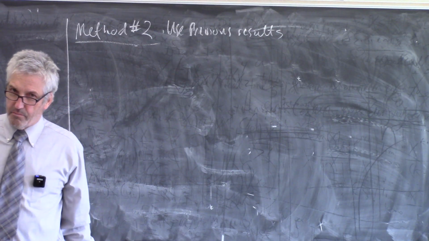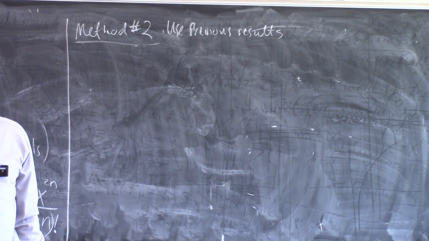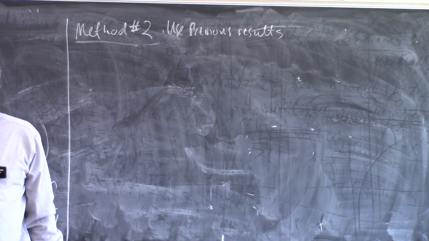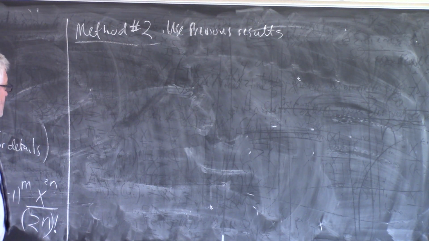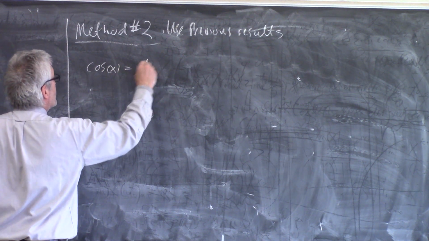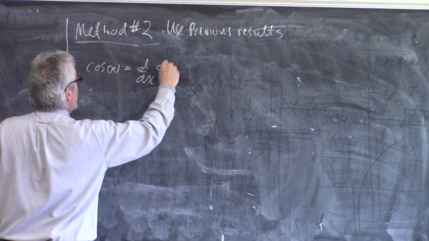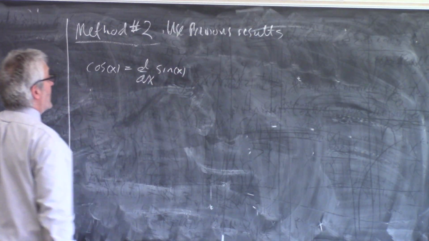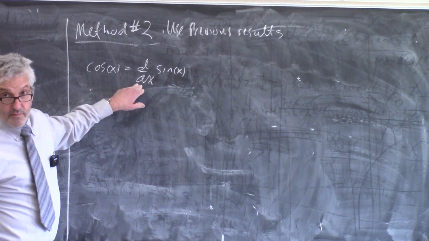Which previous result might be handy? Sine of x. Yeah. So we know that cos x is equal to the derivative of sine of x. Okay, now, just leave the derivative chilling out there.